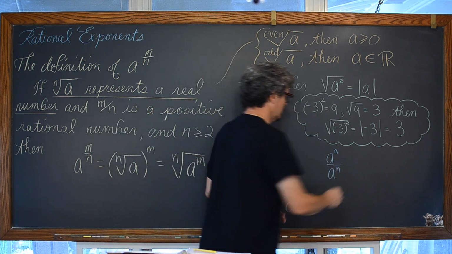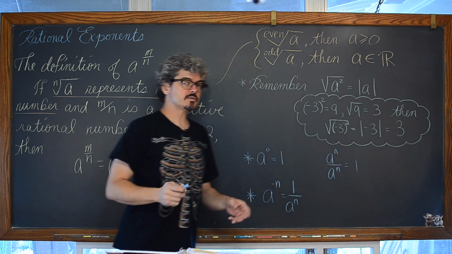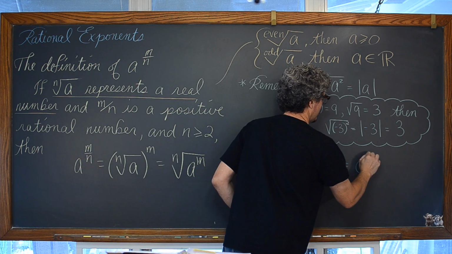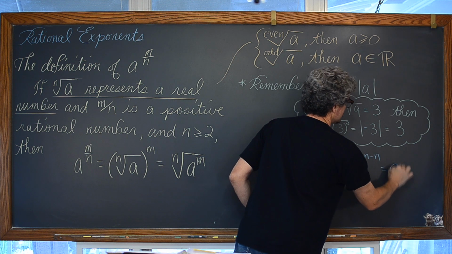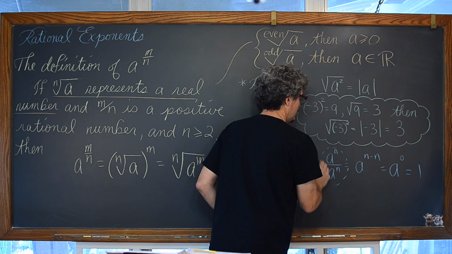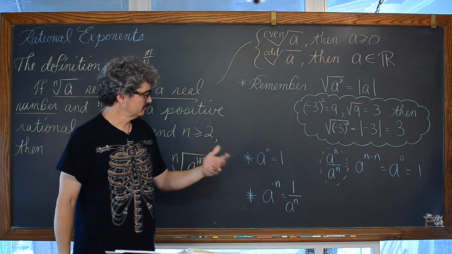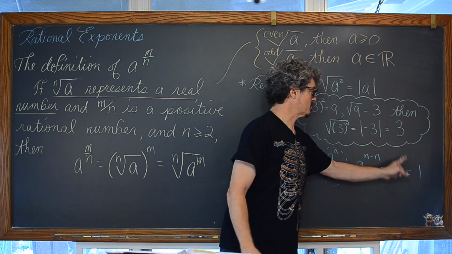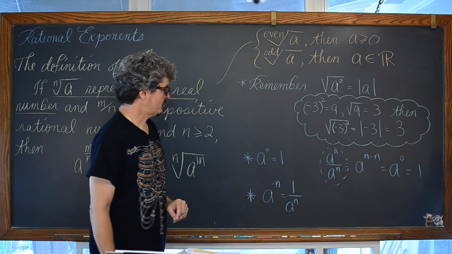But we also know that when we divide like bases, we subtract the exponents. Well, that's a to the n minus n, which is a to the 0. Knowing that we're dividing something by itself, that's equal to 1, so it's easy to understand that any base raised to a 0 power is equal to 1.